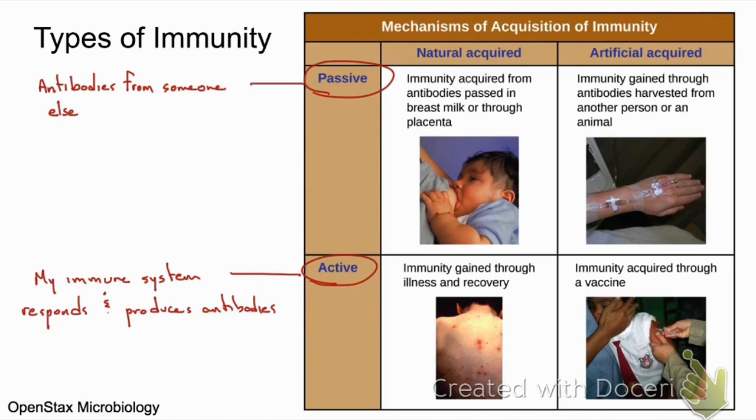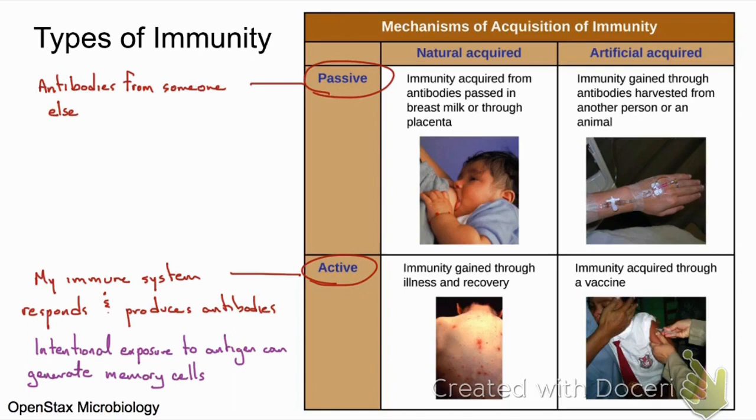Now, the goal of vaccination is really to stimulate one's own immune response to generate memory cells. We saw in the previous picture how a secondary exposure to an antigen leads to a much stronger response of antibody production.